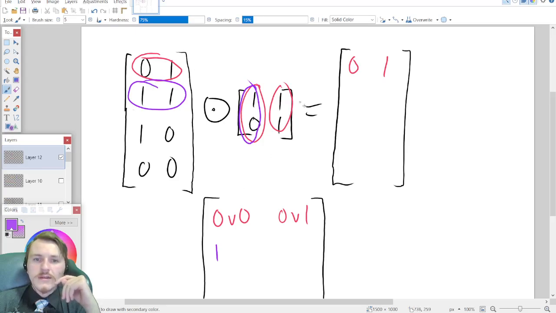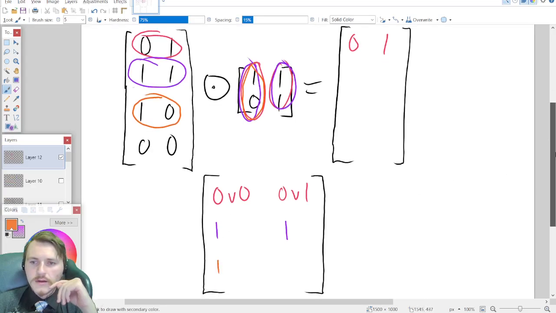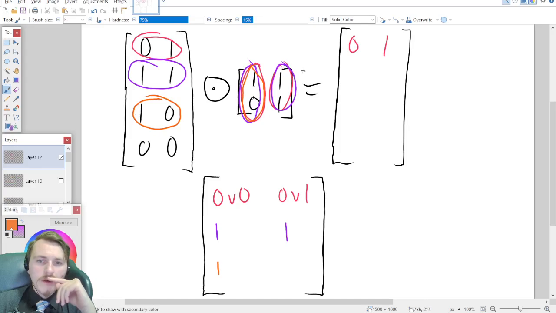Next, this column. 1 and 1 is 1. I can skip doing this, 1 or 1, if I wanted to, right? And I do. Let's skip it. 1 or 1 gives us 1. 1 and 1 gives us 1.